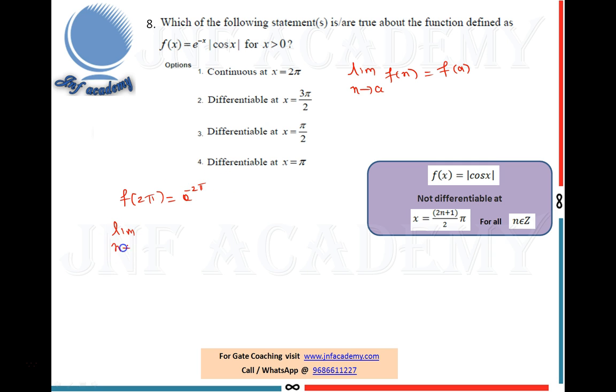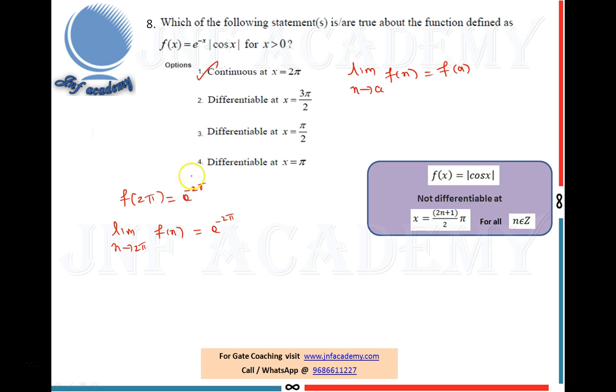The limit as x tends to 2 pi of f of x is also e power minus 2 pi. These two values are equal, so this function is continuous at x equal to 2 pi.